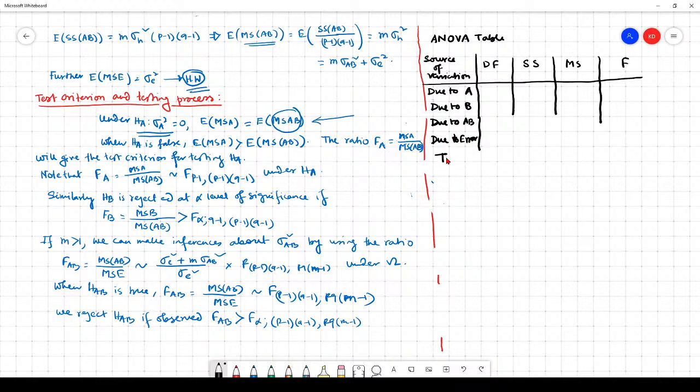This is total. This is P minus 1, this is Q minus 1, this is P minus 1 into Q minus 1. This is PQ into m minus 1. This is PQm minus 1.